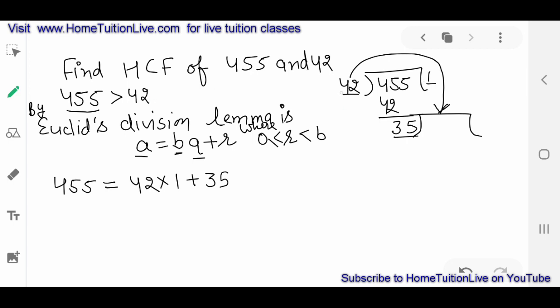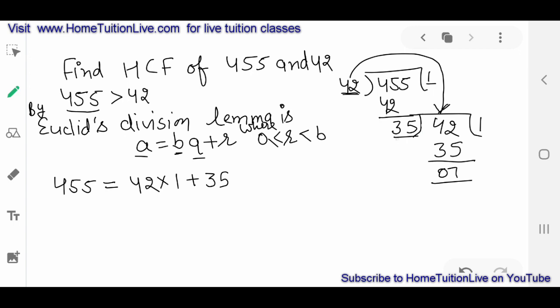Now our 42, this divisor, becomes our dividend for the next step. 42 is our dividend and 35 is our divisor. 35 times 1 is 35. What is our remainder? Remainder is 7.